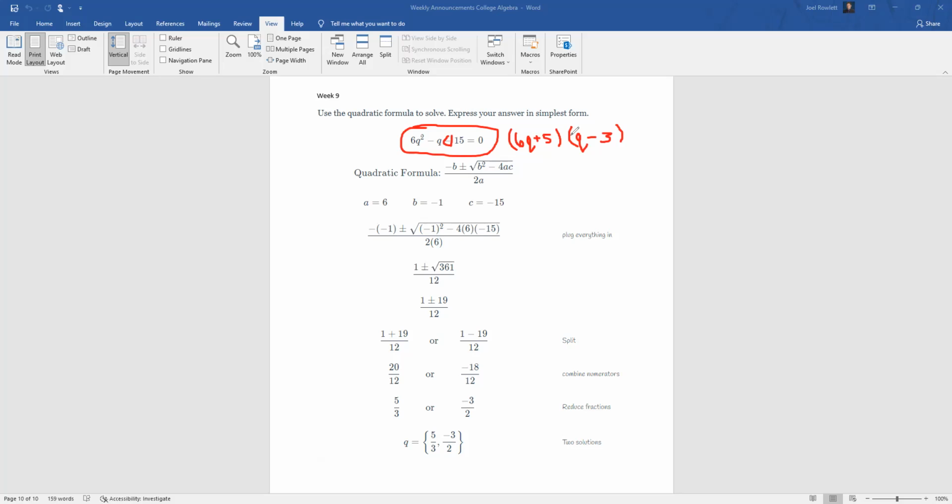I can look at all different combinations of 6q and q and 5 and 3 or 3 and 5. Once I realize that's not going to work, I can switch to 3q times 2q. After doing trial and error, I come to the conclusion that this is simply not factorable in the sense that I have integer solutions.